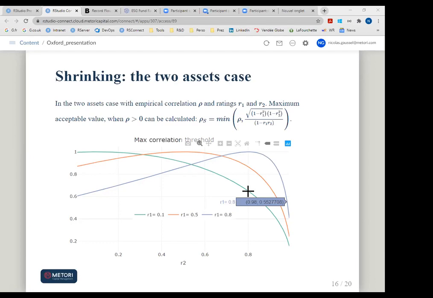So this is how you can interpret that shrinking procedure. Since the way you compute ESG rating and the way you compute volatility and correlation is totally different, there might be situations where the structure you impose on the ESG rating is not consistent with the observed price and correlation.